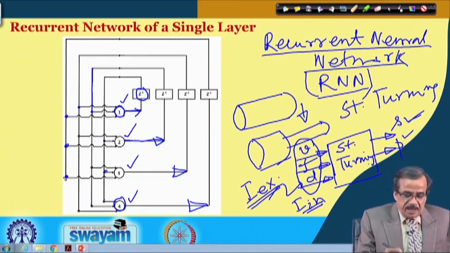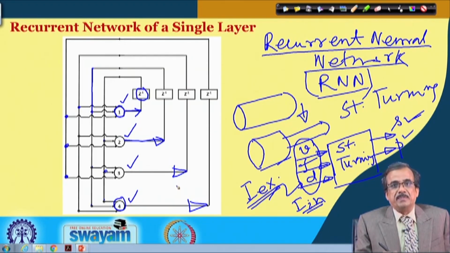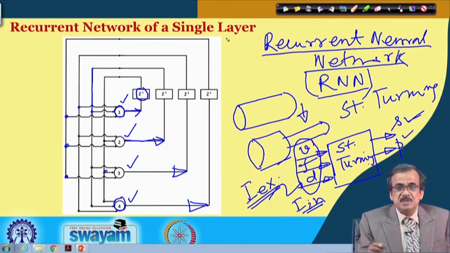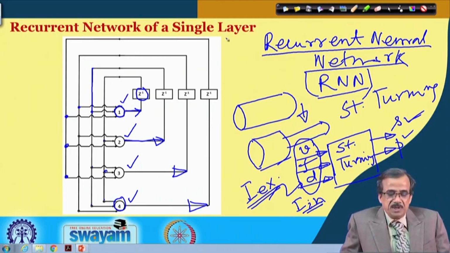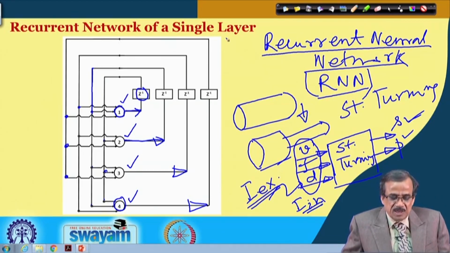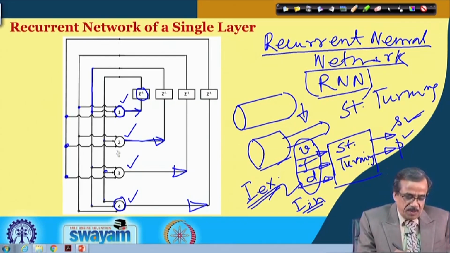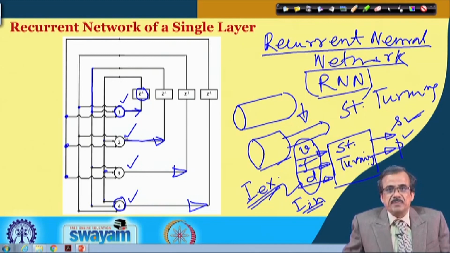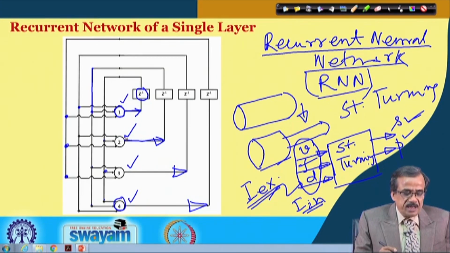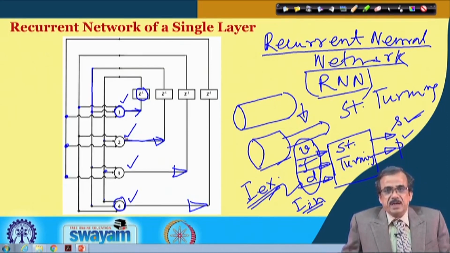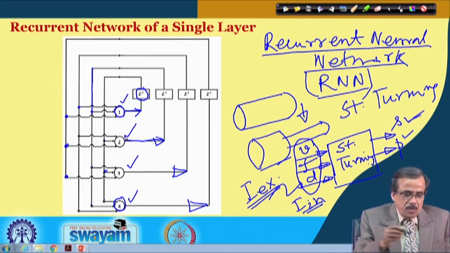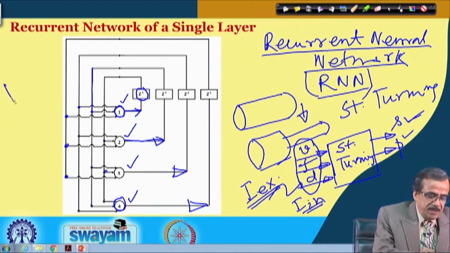Now, this is the way we try to capture the dynamics of this particular layer of the neural network, and for simplicity we have assumed that this layer consists of only 4 neurons. Now, to summarize, in this type of recurrent network we take the help of some sort of feedback.